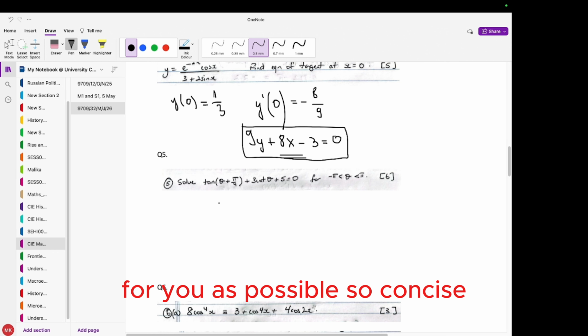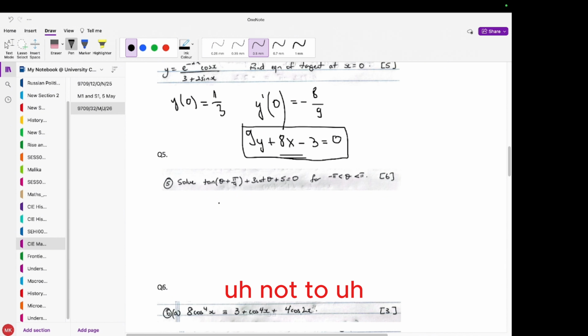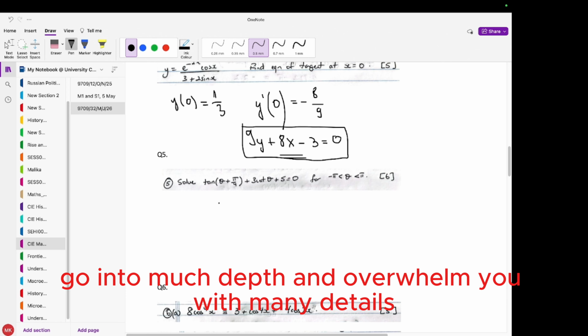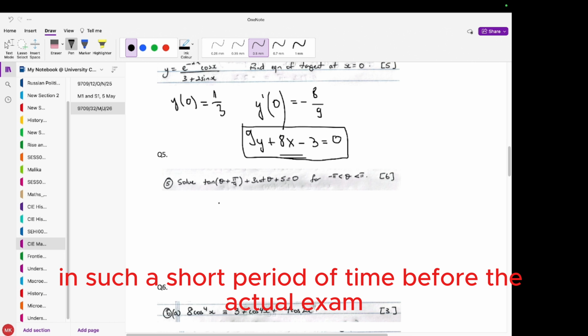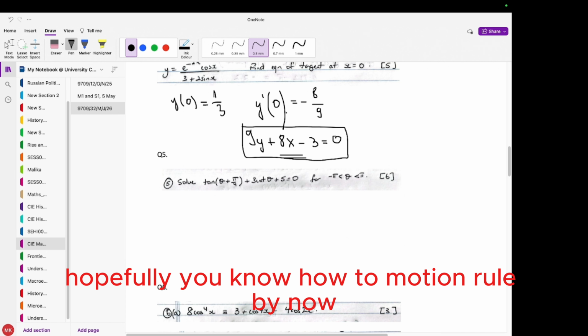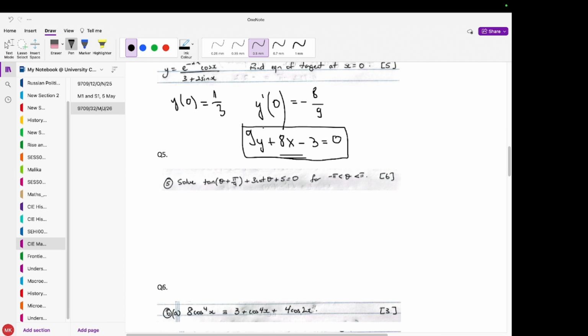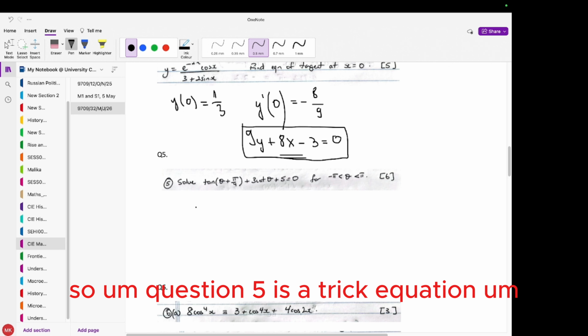So concise, condensed, not to go into much depth and overwhelm you with many details in such a short period of time before the actual exam. Hopefully you know how to use the quotient rule by now.